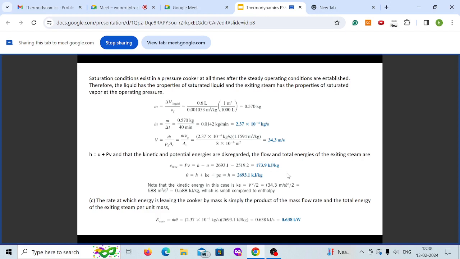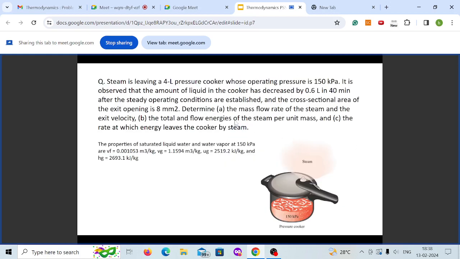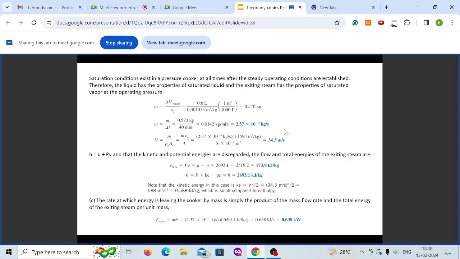And the next one is to find out the total energy which is going out with the steam. So that is nothing but your enthalpy, because we are assuming your kinetic energy and potential energy are zero. So the energy which is going out is nothing but m dot into enthalpy. Here we have been asked per unit mass, so that is specific energy.